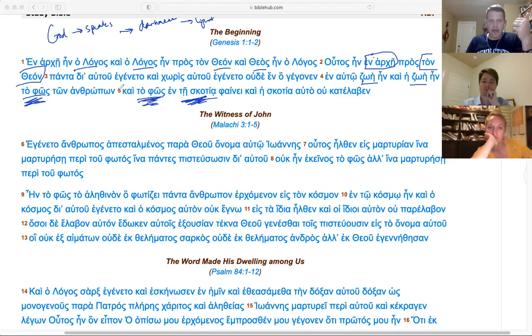And this is how he ends this initial little prologue here: the light shines in the darkness, and the darkness does not defeat it. Darkness doesn't beat the word. And if we understand, for example, what is light in John 1? Well, light in John 1 is Zoe.